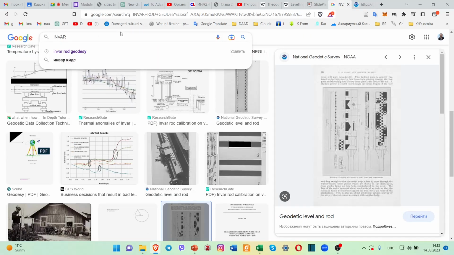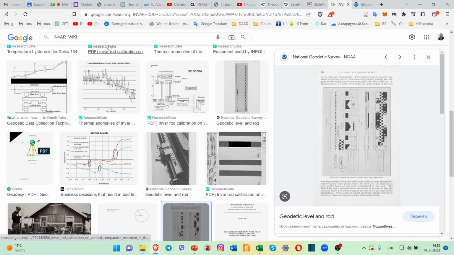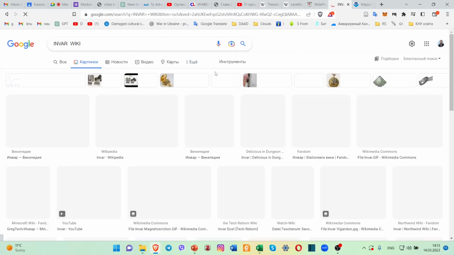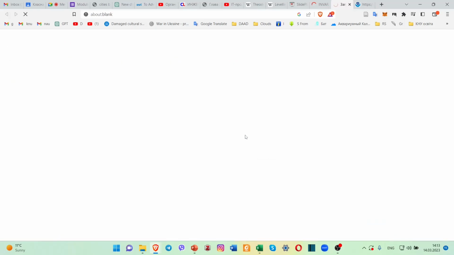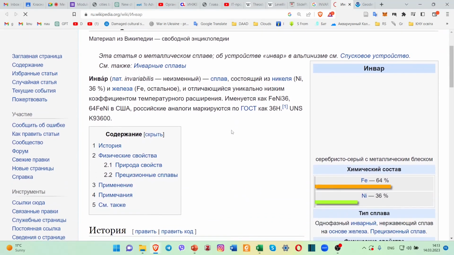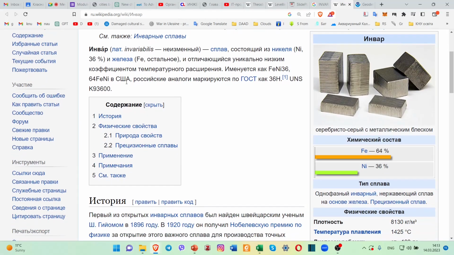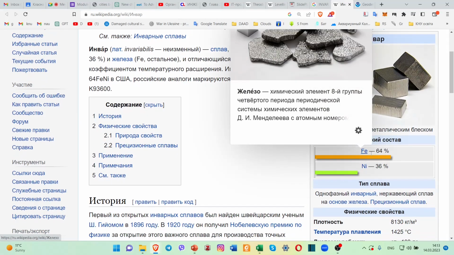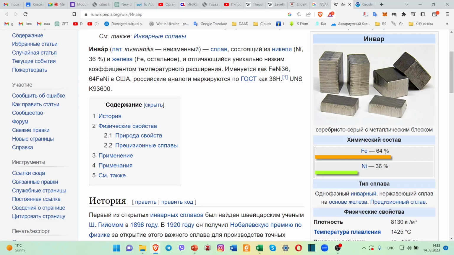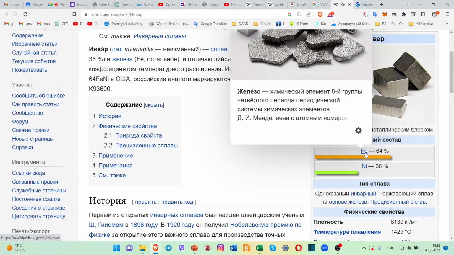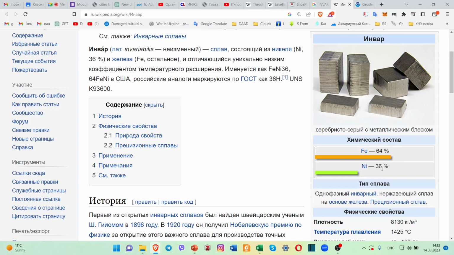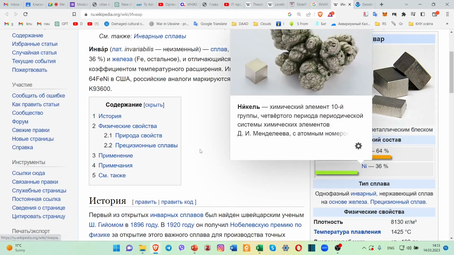Invar is a special mixture of metals; it consists of 64% iron and 36% nickel.